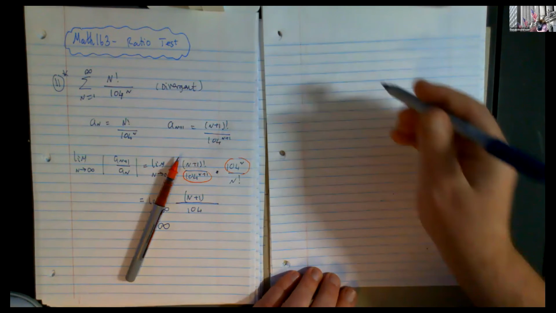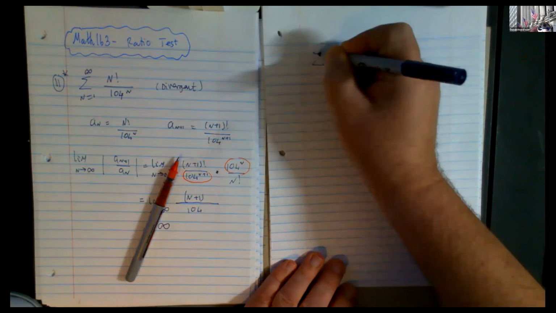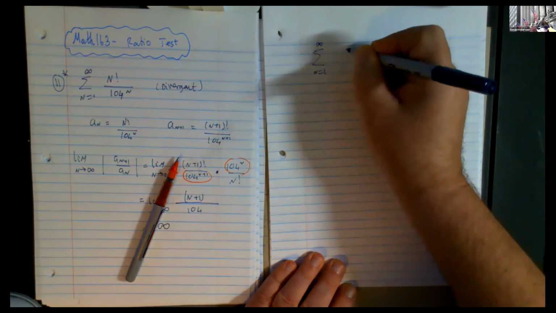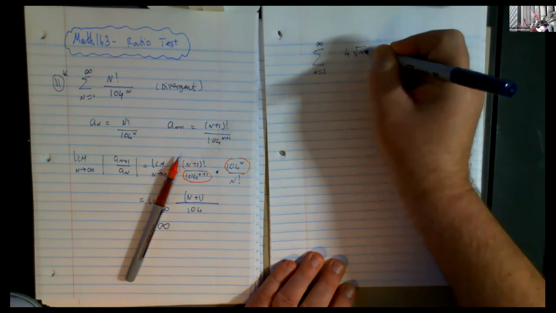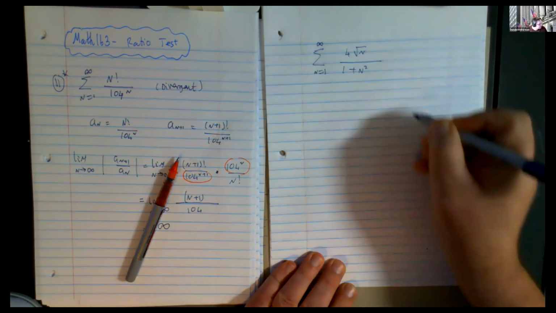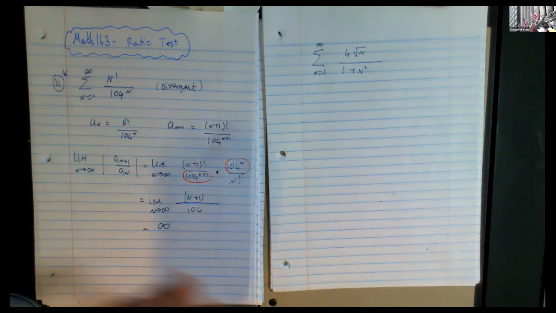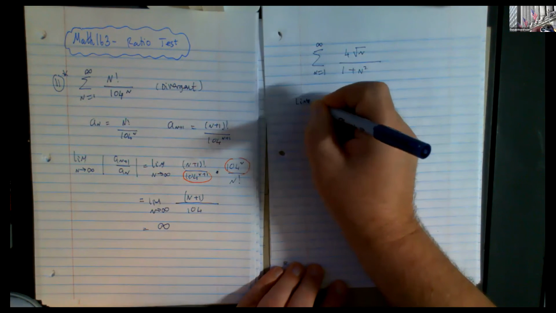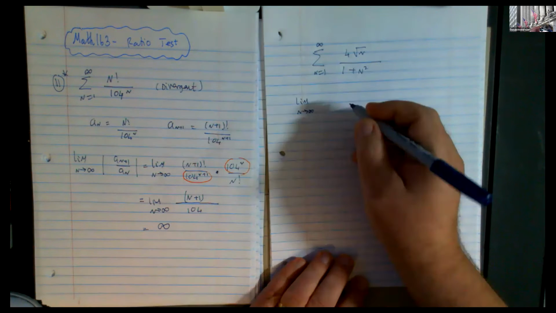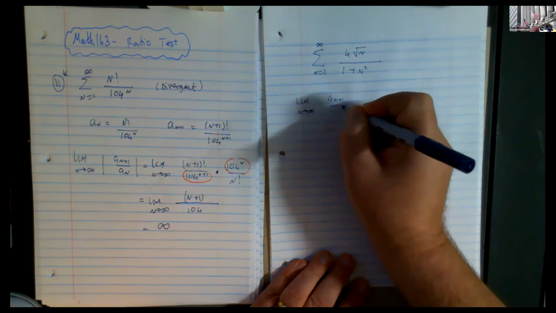This question is sigma n equals 1 to infinity of 4 square root of n over 1 plus n squared. And that's going to be the limit as n tends to infinity of a ratio.